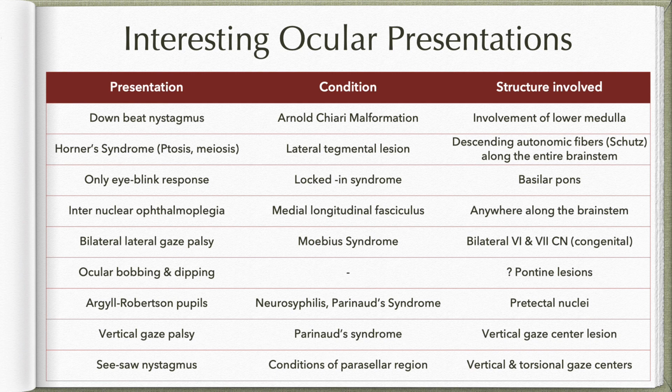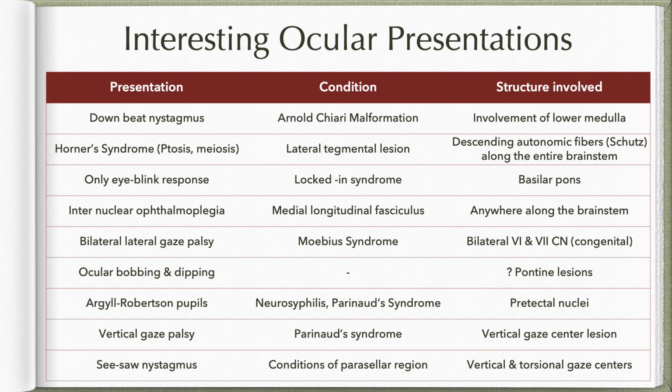Then there is internuclear ophthalmoplegia, wherein a patient is unable to look voluntarily to one side. This is because of involvement of the medial longitudinal fasciculus. Again, the involvement can be anywhere along the brainstem, but most likely between the pons and the midbrain region.